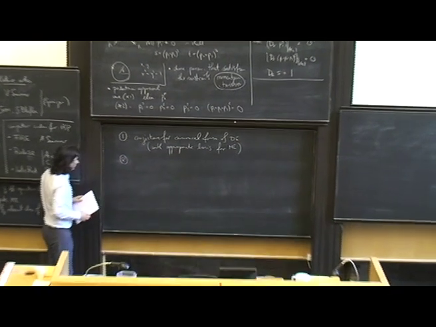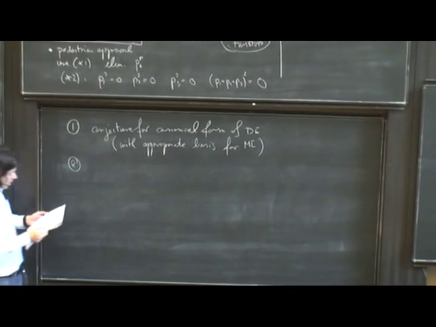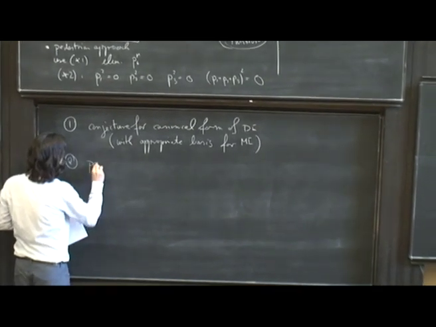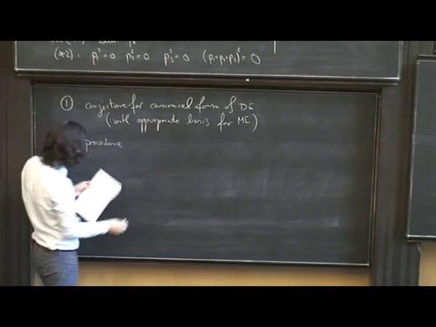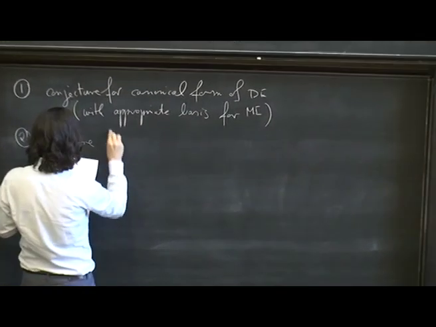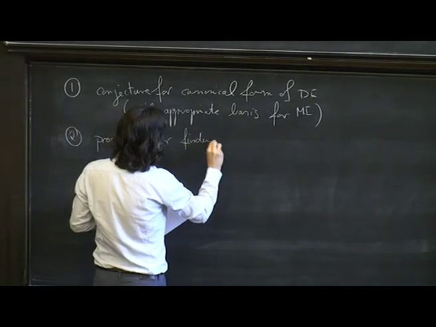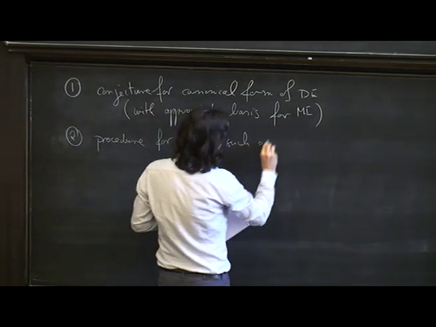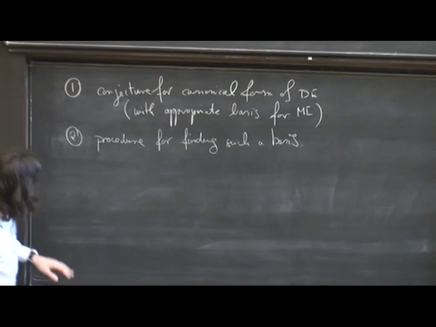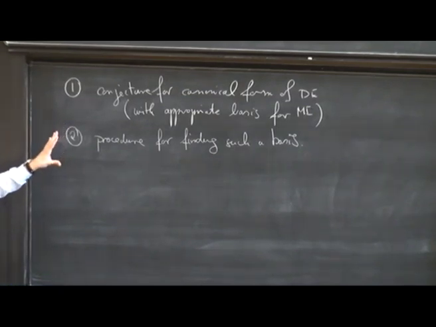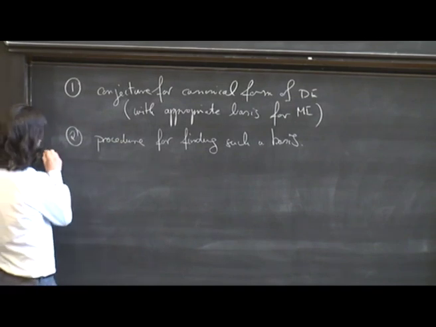I guess this conjecture on its own would probably not be so useful, but there's also a procedure for finding such a basis. So that's the second thing I would like to discuss, finding such a basis. These will be my first two goals, and then once we've understood that, there'll be some further applications of this.